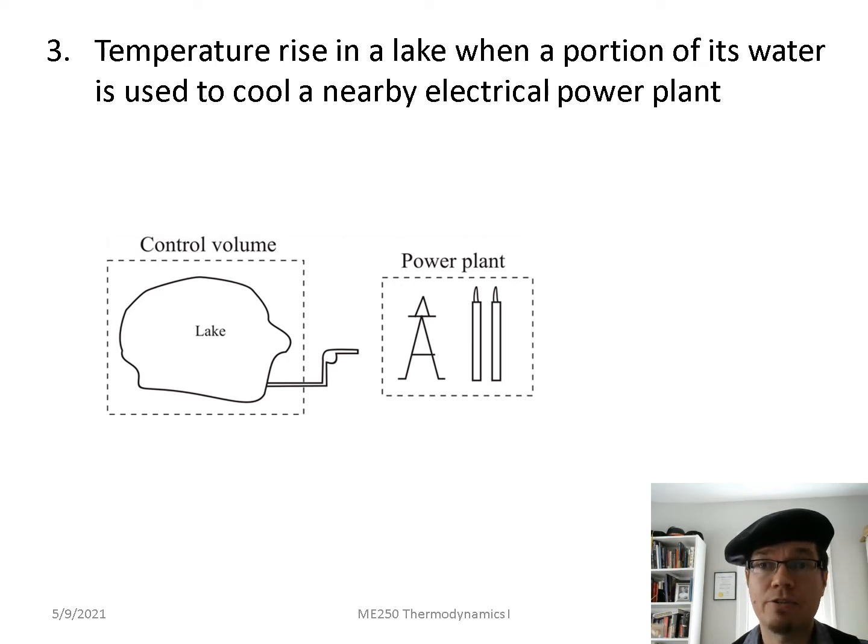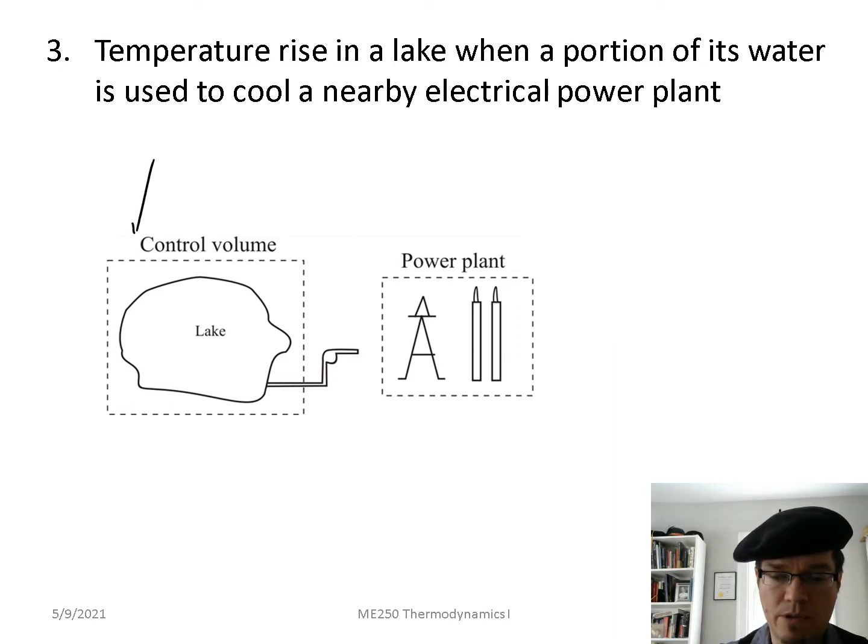But let's consider this system thermodynamically. Where do we draw the boundary for this, and is it an open or closed system? Well, that's an interesting question. If you draw the boundary around the lake, it's a control volume.